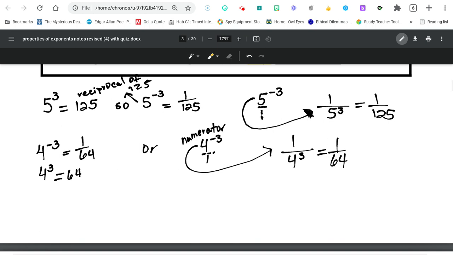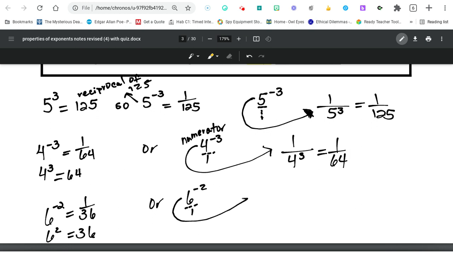Either way, if you have 6 to the negative 2nd power, you could think about what 6 to the 2nd power is. Well, 6 squared is 36. So 6 to the negative 2nd power would be the reciprocal of that, or 1 over 36. Or you could say, let's take this base of 6, which is really 6 over 1, and flip it.